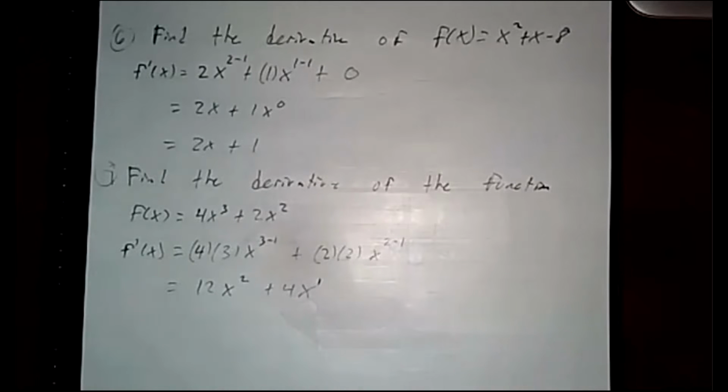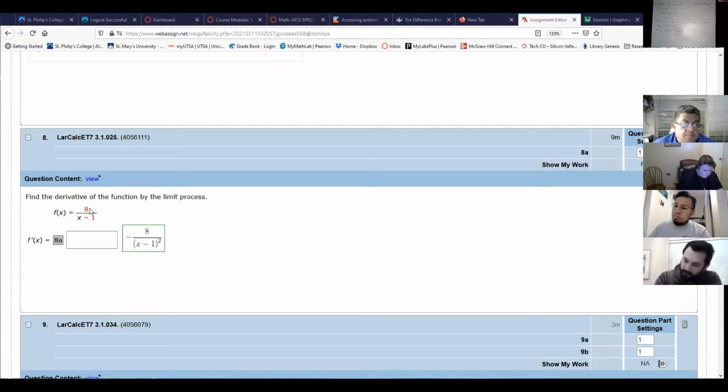Is that going to work for all numbers? It will work for all functions that look like this. It will not work for number 8, not without learning more techniques. So the power rule doesn't work on this one.